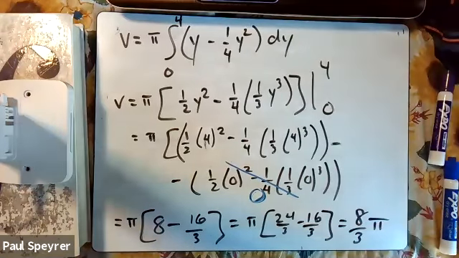With respect to x. When they say with respect to x, that means you're rotating about the x-axis. That means your equations have to be y to the first equals whatever. If you're rotating about the y-axis, that means your equations have to be in terms of x. That means x equals whatever. Okay, x to the first equals whatever. All right, so make a note of that right there.